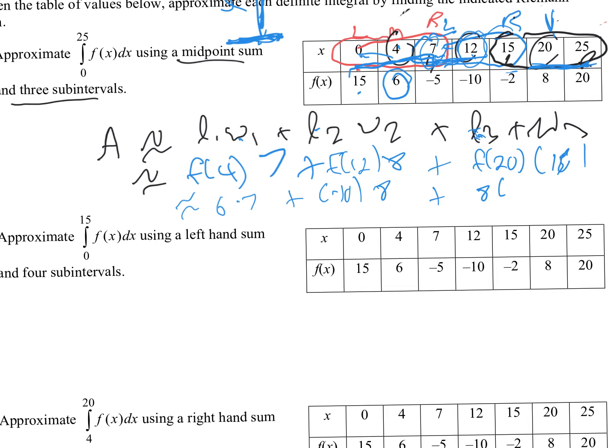It's a 10. Did anybody catch that? The 25 minus 15 is 10, not 15. Okay, 10. So that's 42 minus 80. And yes, there are negative areas, it's underneath the x-axis. Plus 80. So I would say my answer is approximately 42.